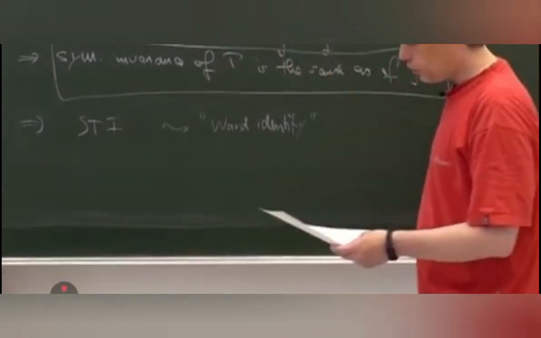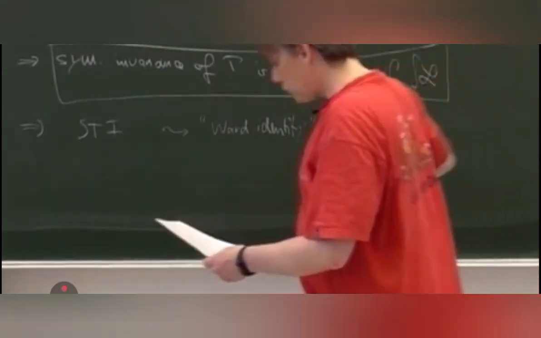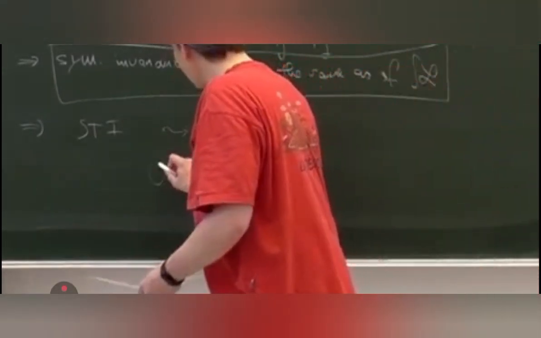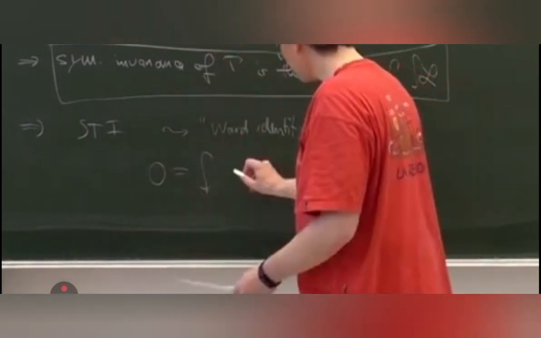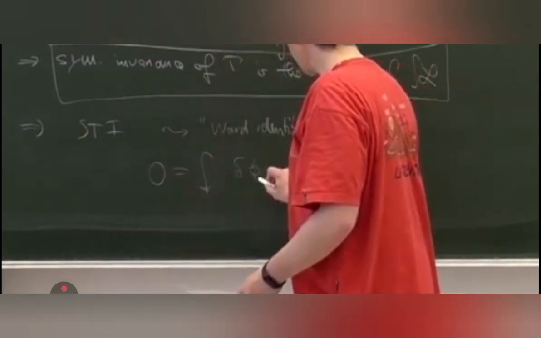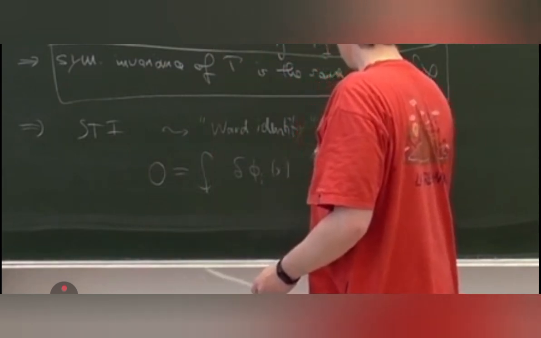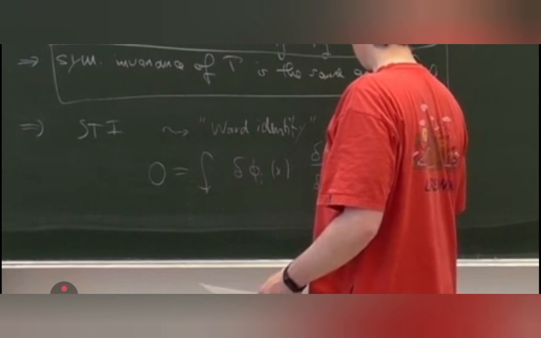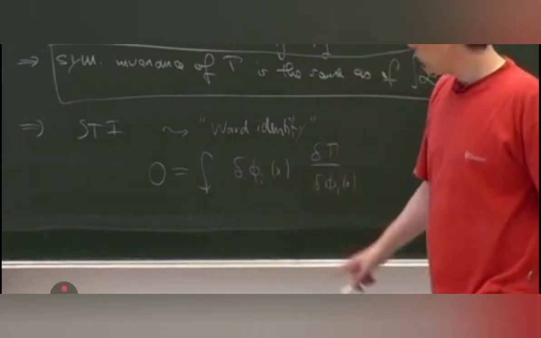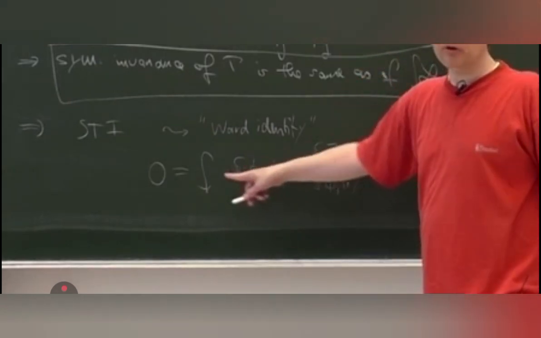And writing it directly for that case, we can say 0 is equal to the integral over the variable x times delta phi I of x times the derivative of gamma with respect to phi I at x. And here we have simply the classical expression of the field variation.